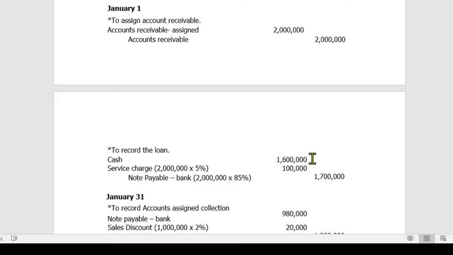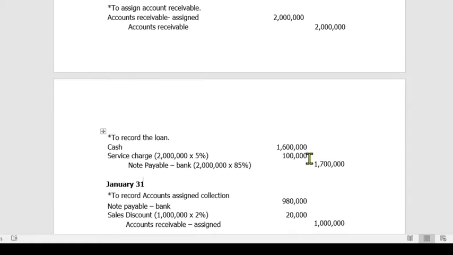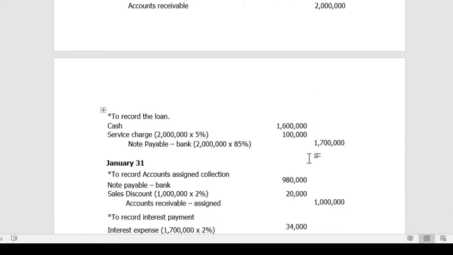So, magkano na lang ang matatanggap mo base doon sa accounts receivable na inassign mo na 2 million, 1,600,000 na lang. 1,700,000 minus 100,000 is 1,600,000. So, yan na lang ang natanggap mo doon sa assignment. So, meron ka ngayong cash na 1,600,000 na pwede mong gamitin naman sa pagbabayad ng mga liability account mo na hindi mo mabayaran dahil nagkaroon ng problema sa collection ng iyong accounts receivable.